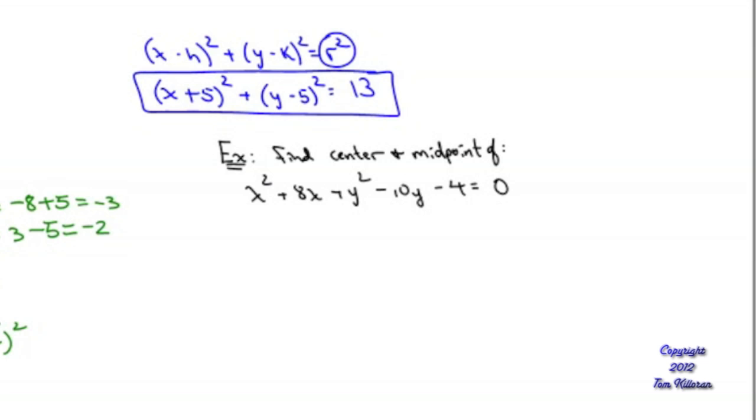Now we have a small problem. In the blue box up there, just looking at it, I should be able to tell what the center and the radius are, because it's in standard form: negative 5, positive 5, square root of 13. But this, I can't tell a darn thing from, because there are no perfect squares, and the number isn't on the other side. So how do I create these nice grouped perfect squares?